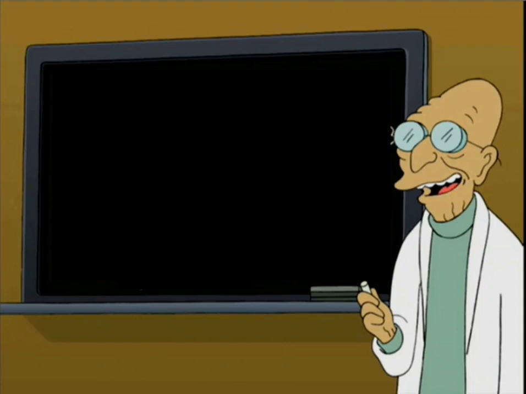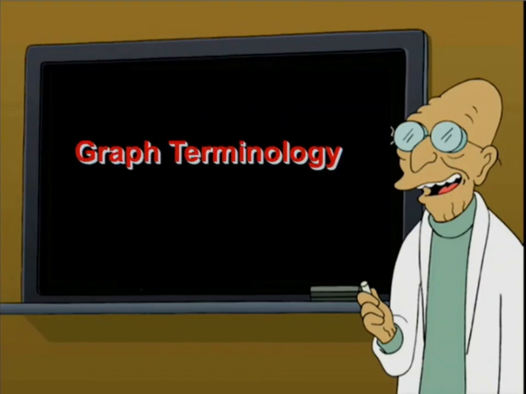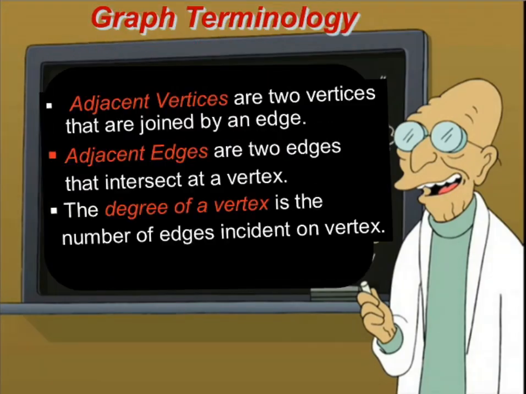So let's go further. We'll see some graph terminologies. First, adjacent vertices. What are adjacent vertices? These are two vertices that are joined by an edge. Again, adjacent edges. What do I mean by that?